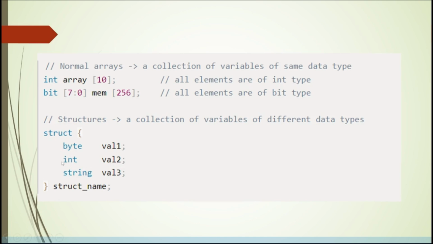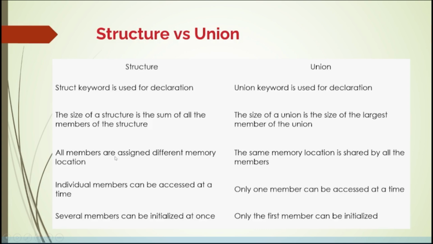That means the 32-bit memory location is assigned. Byte and the other values share it, which is why in a union we can't access all the members at a time. Only one member can be accessed at a time.